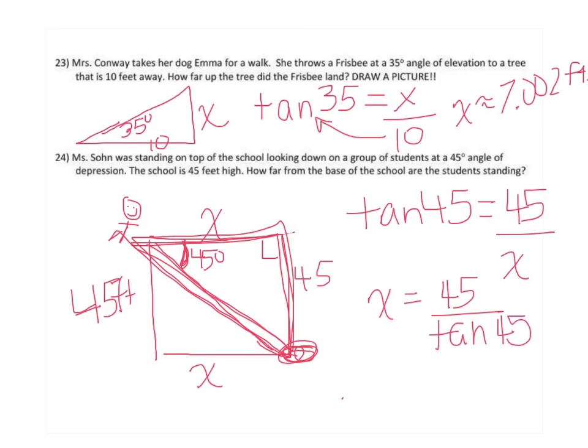And you can use shortcuts here as well if you wanted to. So if this is a 45, that means this is also 45. So if you put all that in your calculator, you will end up just getting 45. The tangent of 45 is actually 1, so that's why it works out.